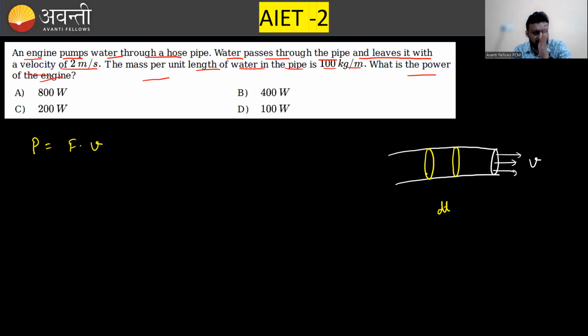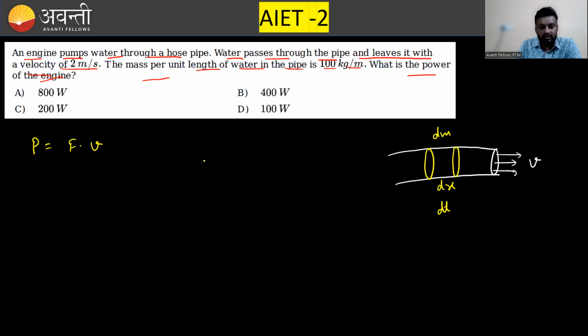And in this duration, the water moved through this cross section. Let's suppose its mass is dm and the distance traveled is dx. Are you getting my point? In dt time, the amount of water that passes through this cross section has mass dm, and the length it covers is dx, in dt time.